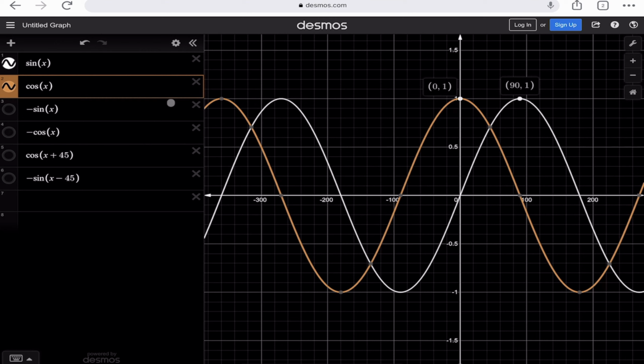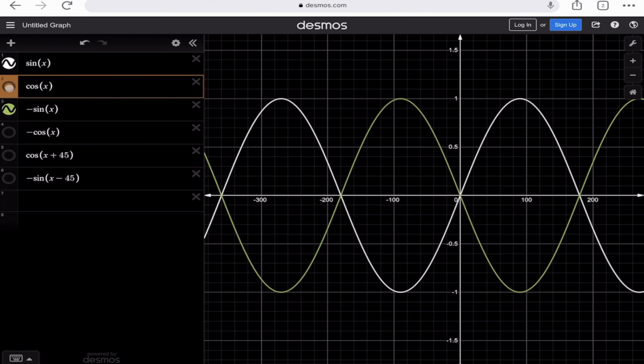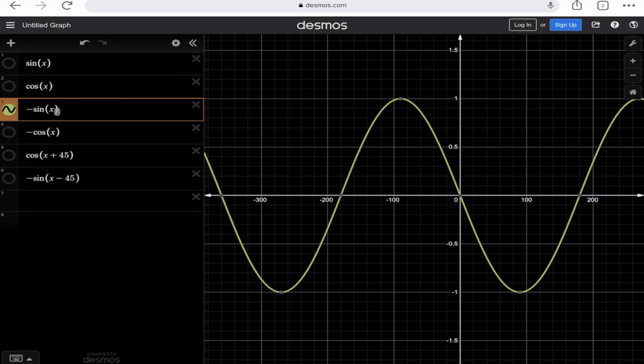So let's take a look at sine reflected across the x-axis. Let's take away the white graph.